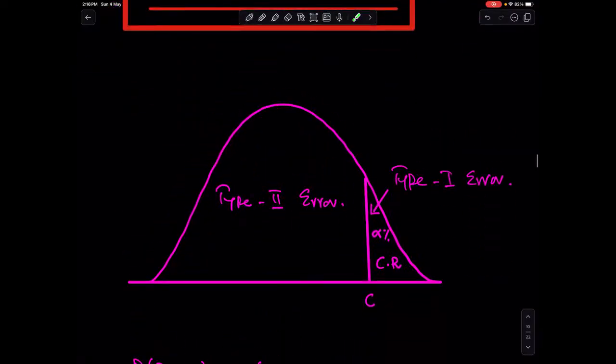I already have explained this. This is the region of type 1 error because we reject H naught here, and this is the region of type 2 error because we accept H naught here.